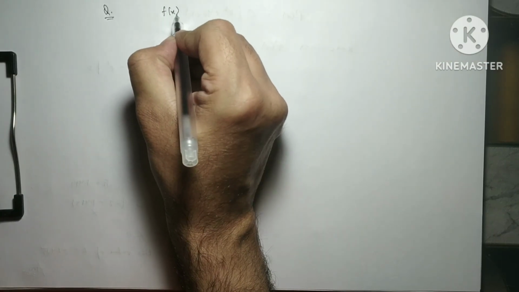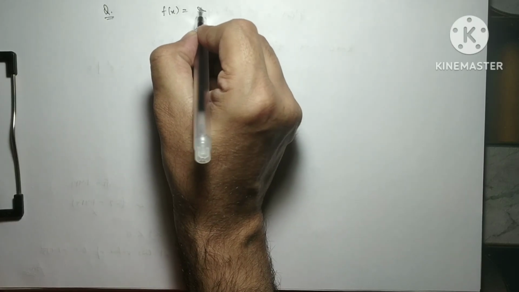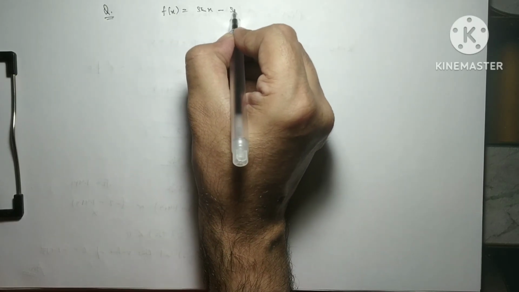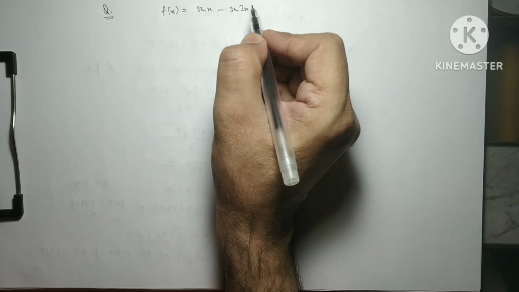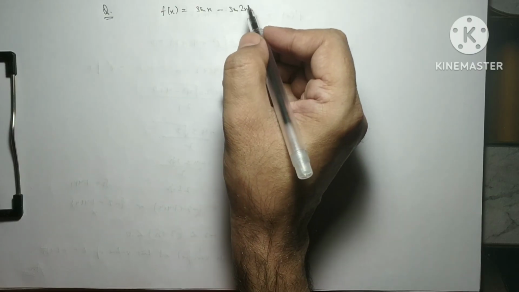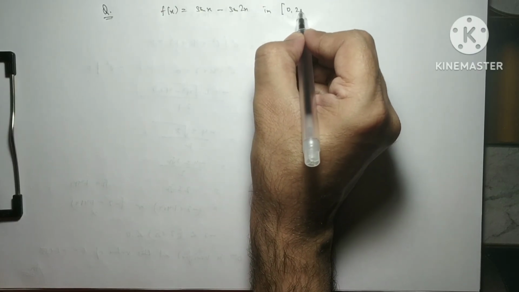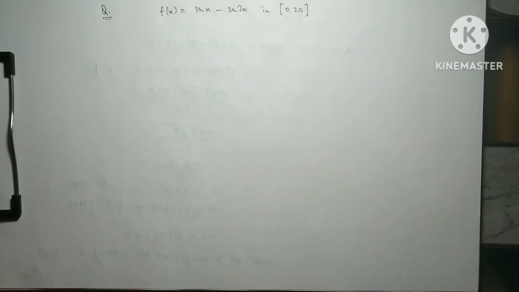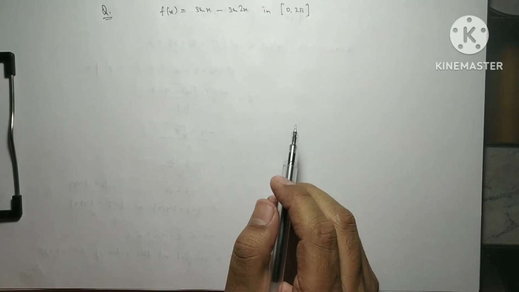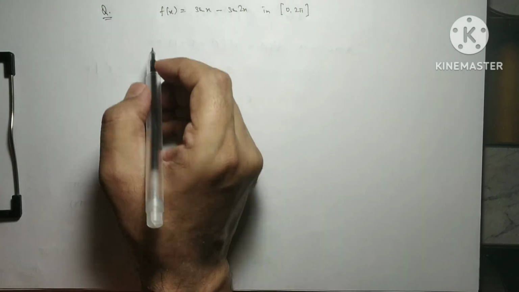f(x) equals sin x minus sin 2x, and the interval is 0 to 2 pi. Sine functions are continuous functions.